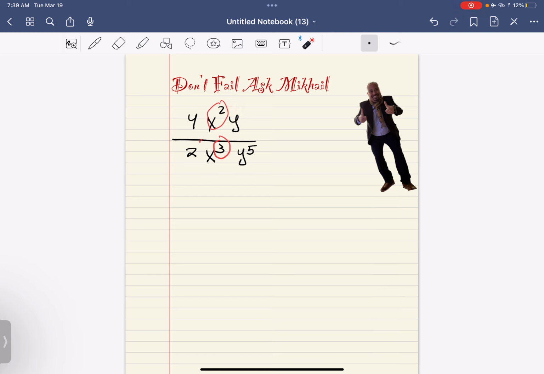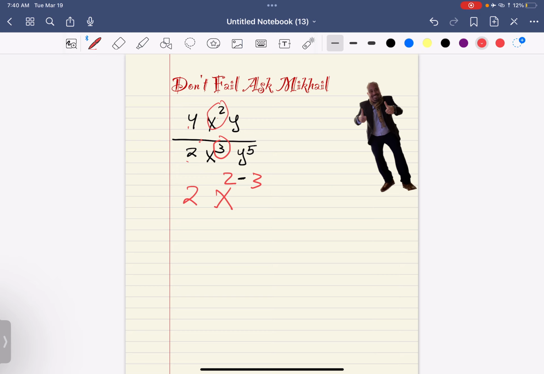So that's going to be 4 divided by 2 is 2. X, always subtract the exponent of the top minus the exponent of the bottom. We're going to stick with this rule. So that's going to be x to the 2nd power minus the exponent of the bottom, which is 3.